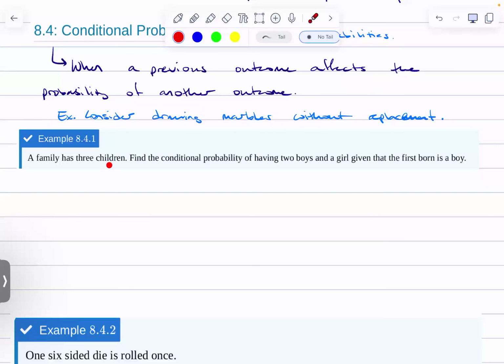So if a family has 3 children, find the conditional probability of having 2 boys and a girl, given that the firstborn is a boy. And this word given is one you're going to want to keep an eye out for. That's what indicates that this is going to be a conditional probability.